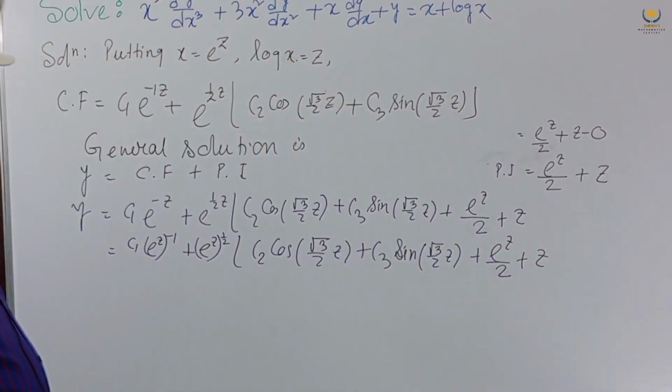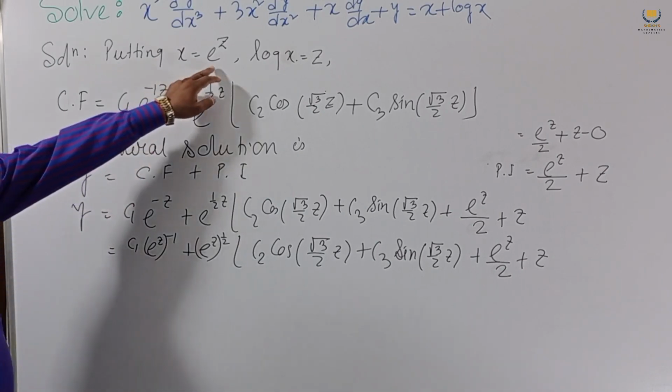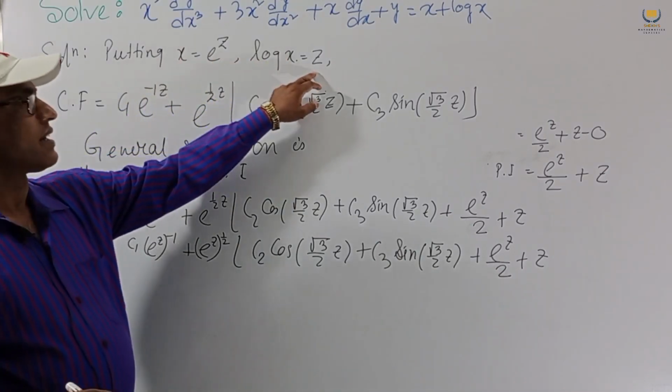Putting the value of x, e to the power z means x and z equal to log x.